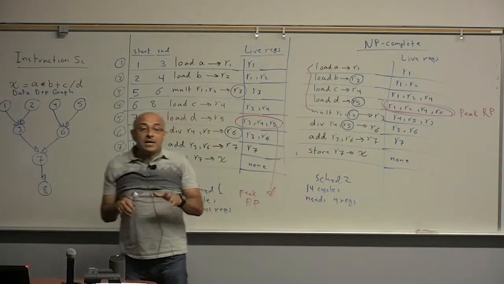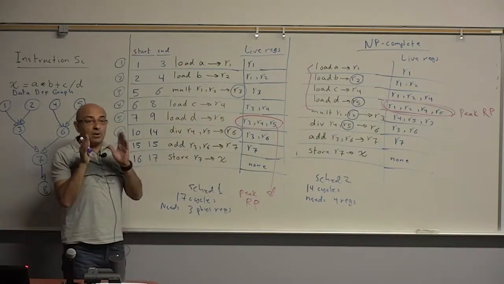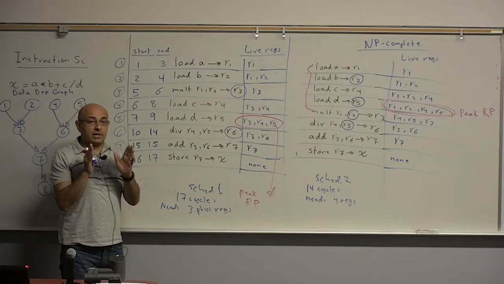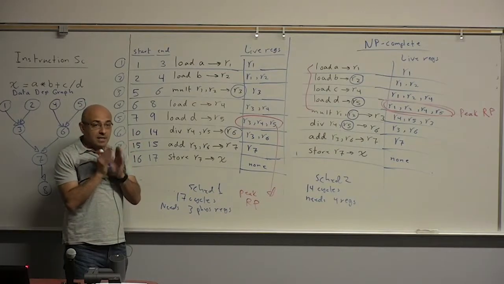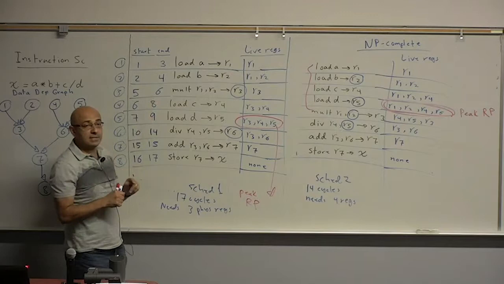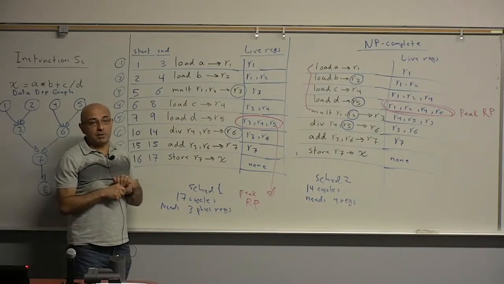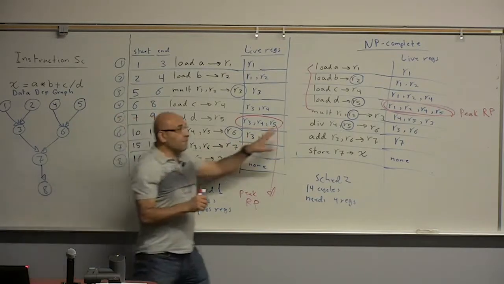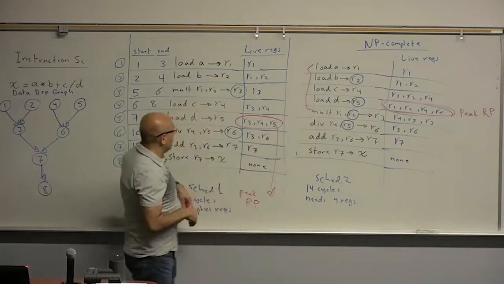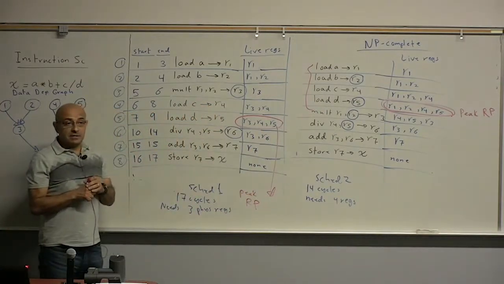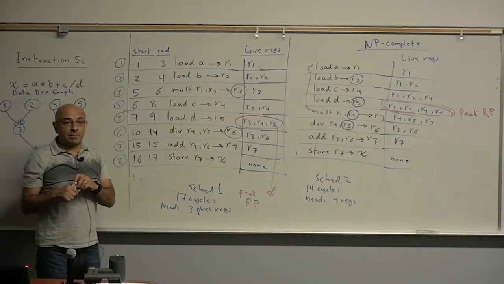Even if our only objective is finding the ordering that will minimize the number of cycles, with long latency instructions, that's an NP-complete problem. And even if our sole objective is minimizing the number of registers, that's an NP-complete problem.